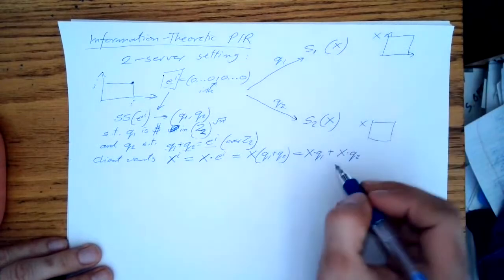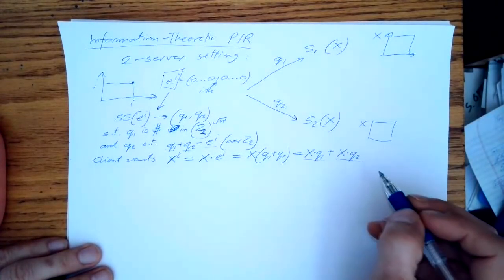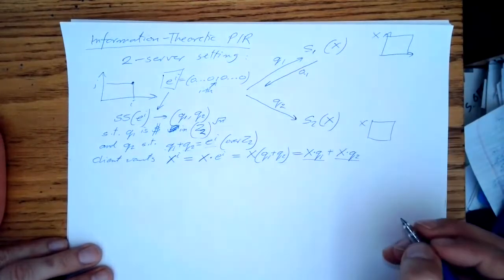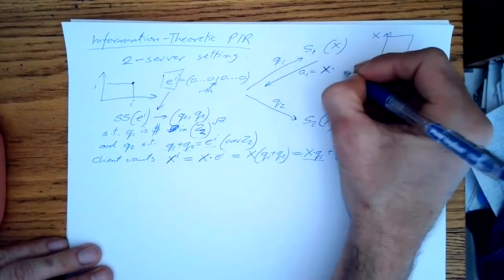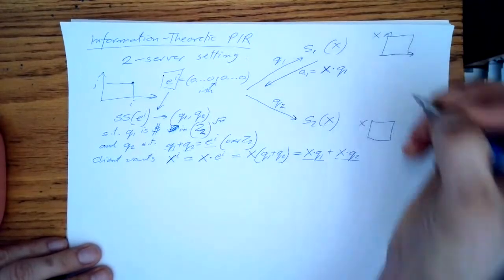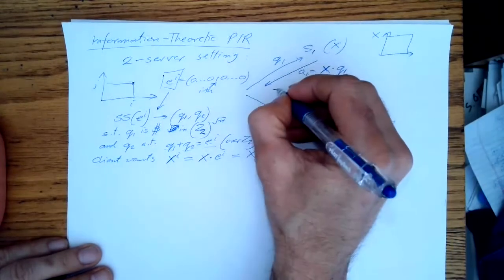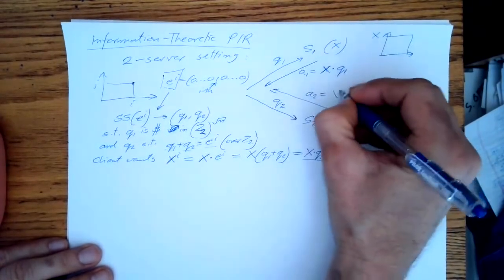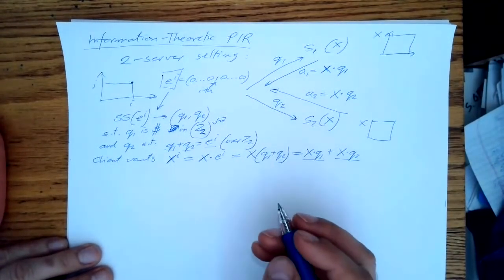Clearly S1 can compute this part, S2 can compute this part. So that's what they do. The response of server 1 is this matrix multiplied by the first share of the indicator vector, and the response of S2 is the same matrix multiplied by the second share of the indicator vector.